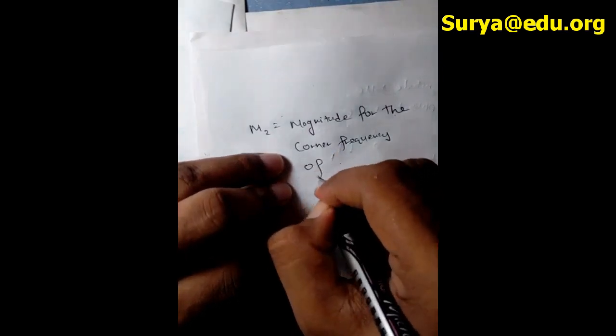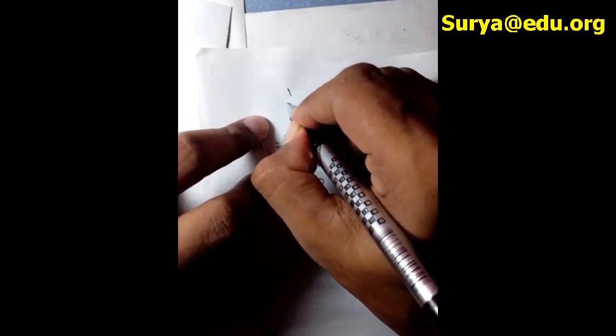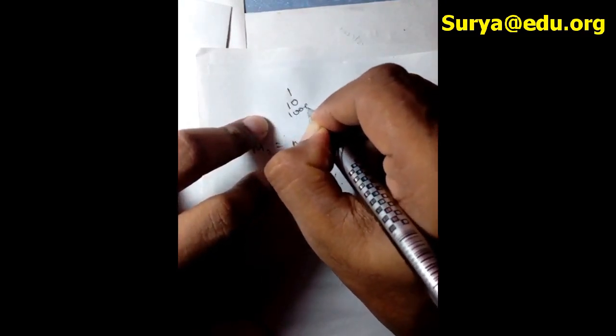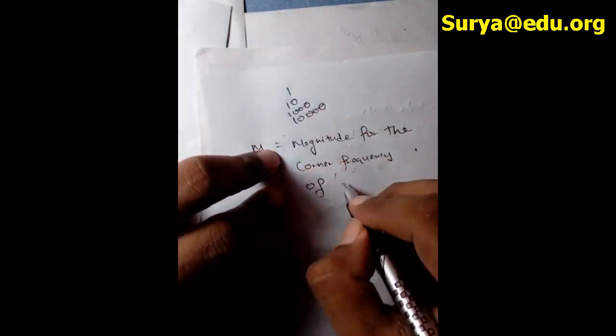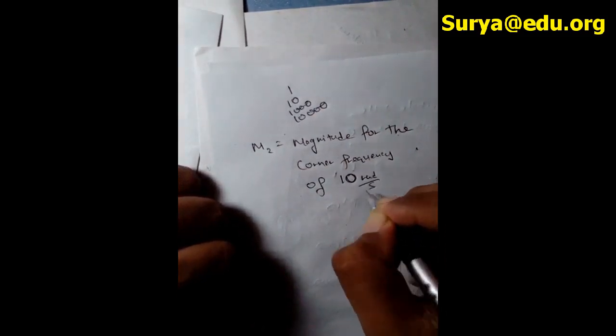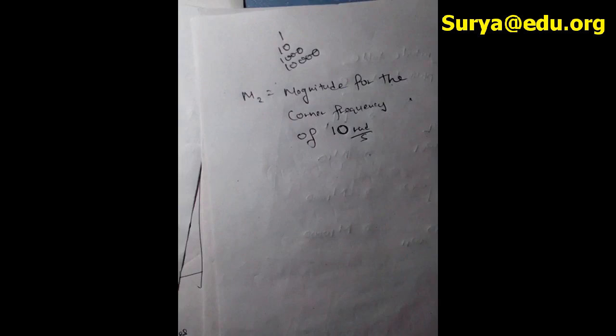As you can remember, you should have the problem in your mind. We had 1, we had 10, we had 1000, and we had 10,000. So the corner frequency now is at 10 radians per second.